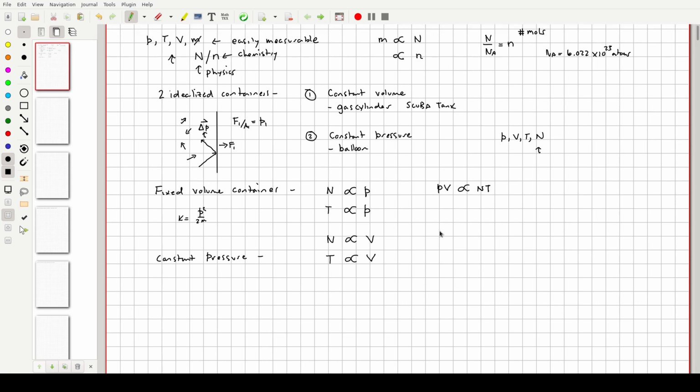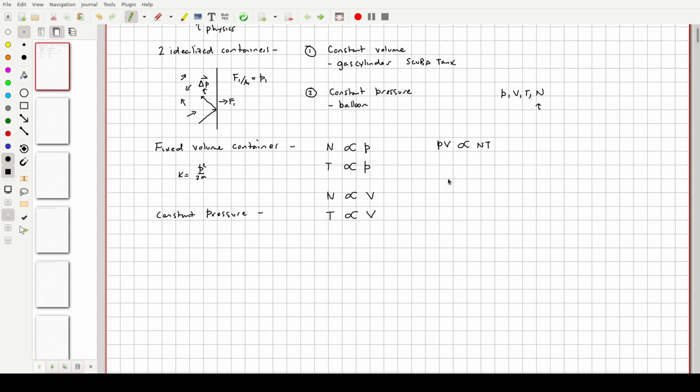Now, this is where you see the difference between chemistry and physics. At least one difference. So we know when we have linear relationships like this, any sort of proportionality, we put an equal sign and we put a constant. In physics, it's usually written this way.